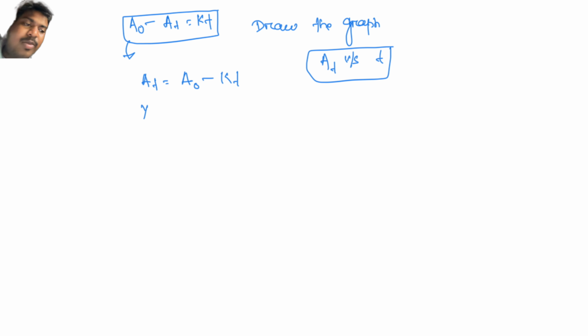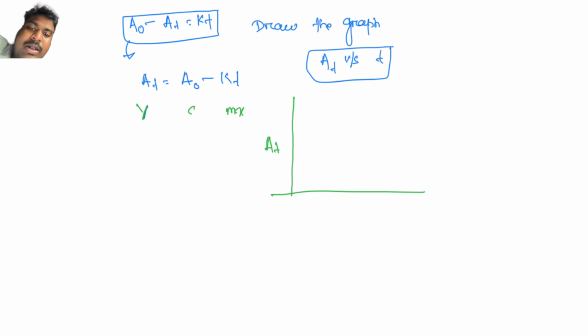Simply, now this is the form of y equals mx plus c. This is y, this is x, m and c. So now the graph will become like this. At here, t, and the slope of the graph.